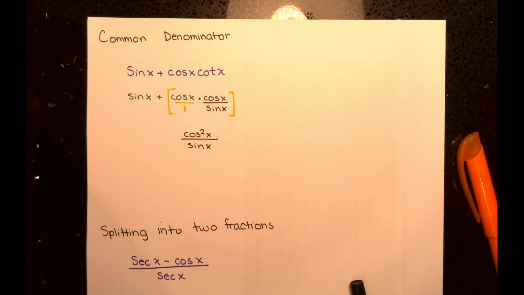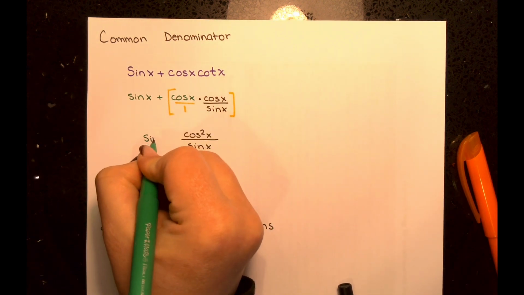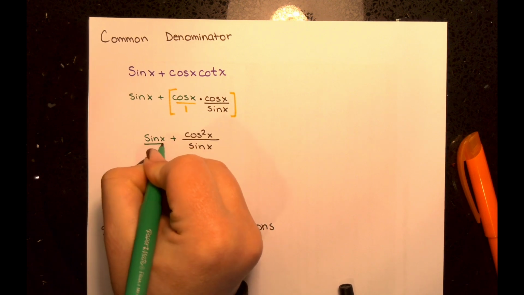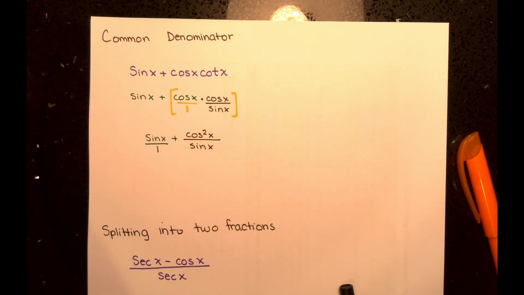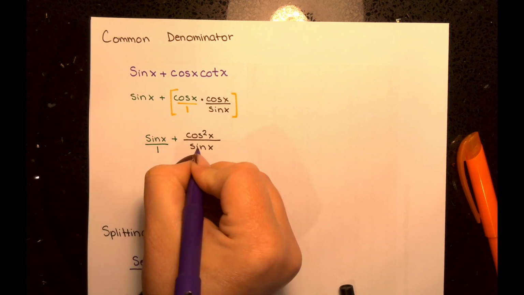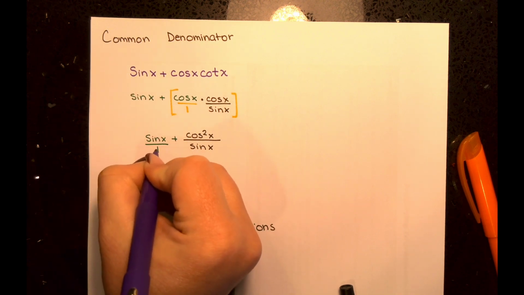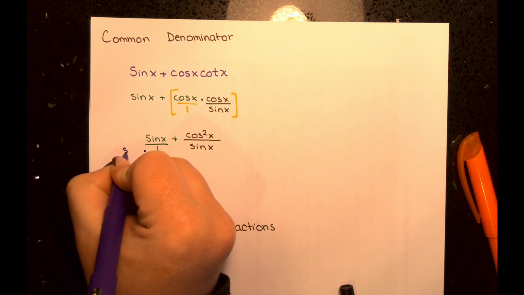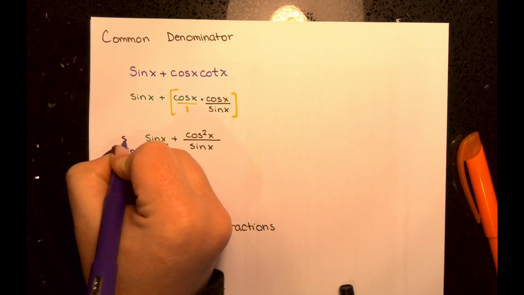Now it's the other stuff that we have to worry about because we are adding. I have to put a 1 underneath and get common denominators. Since I have a sine on my right fraction, nothing except 1 on the left fraction, we're going to multiply top and bottom by sine of x.